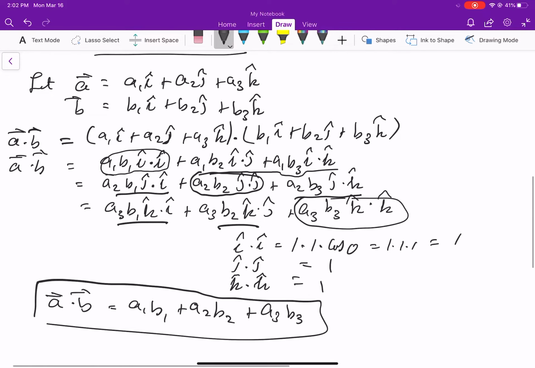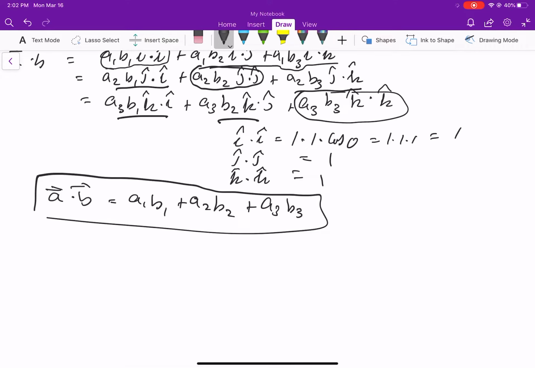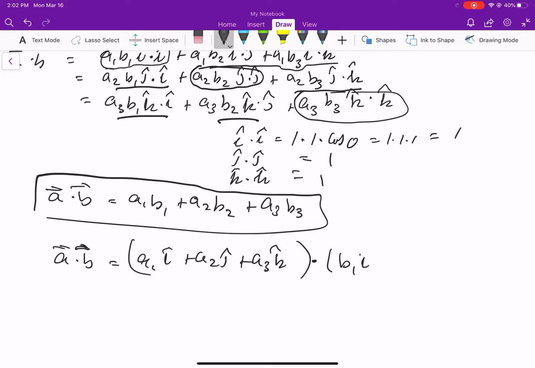And if you look back at where we had the two vectors side by side, I'll write it back. A dot B would have been A1I plus A2J plus A3K dotted with B1I plus B2J plus B3K.